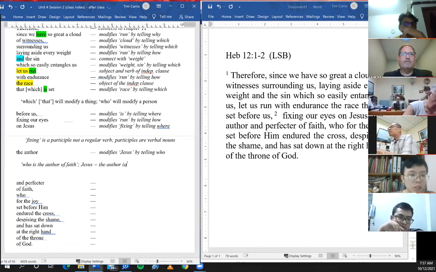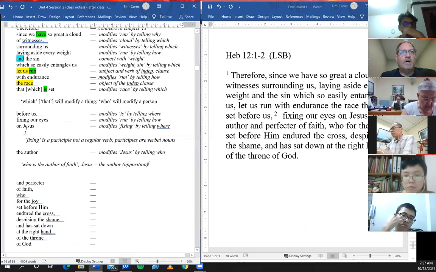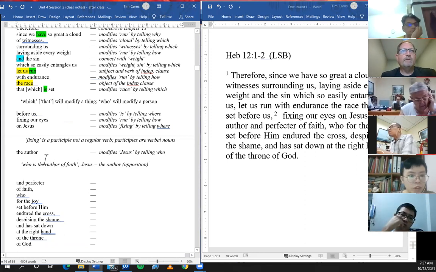This is called, for those of you that care, apposition, where actually the words can be interchanged. You can say on Jesus or on the author. Okay, and let's see, we did have a comma here, right? Yeah. So in this case, it's referring to Jesus. It's telling us who. It's describing Jesus.